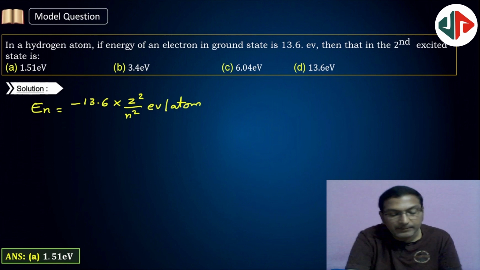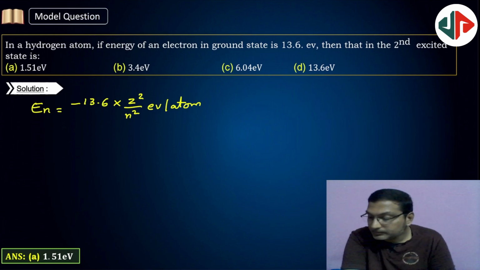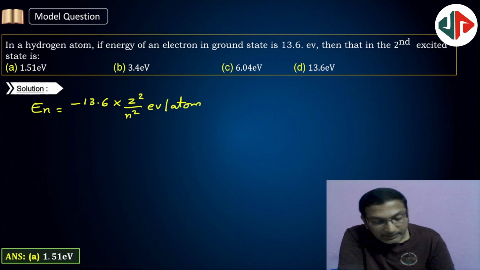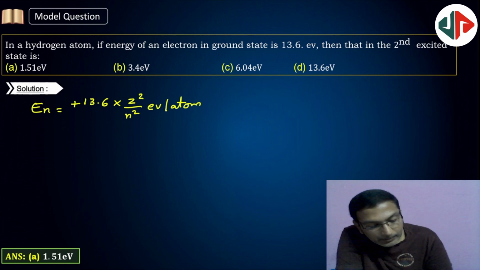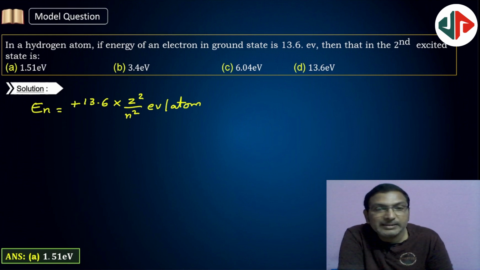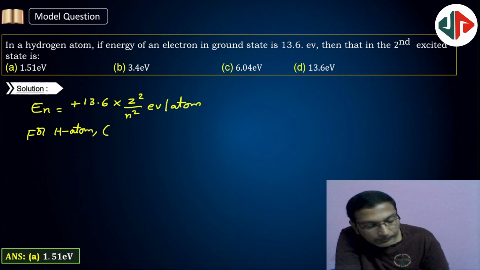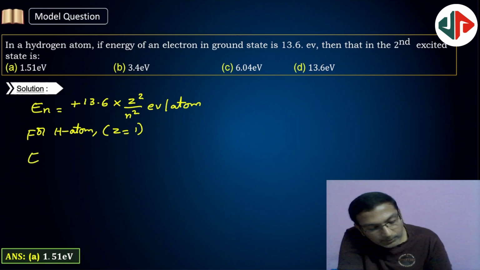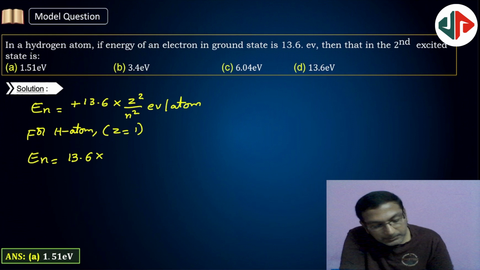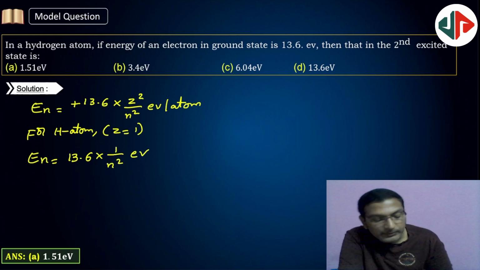This is the general expression. Next, for hydrogen atom Z equal to 1. Therefore, En becomes minus 13.6 into 1 square by n square electron volts.